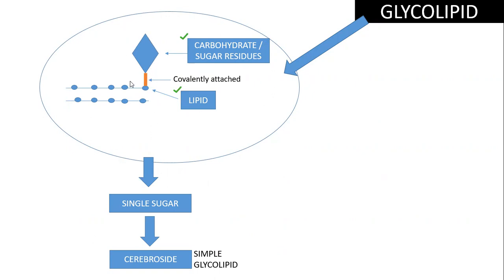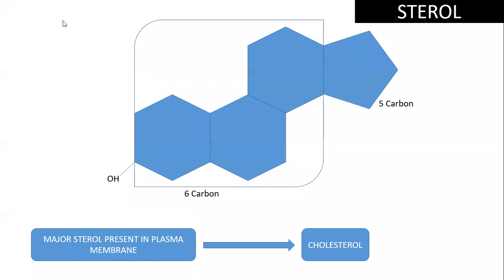There are several carbohydrate sugar residues. If a single sugar is attached to the lipid, it is called cerebroside, which is a simple form of glycolipid.